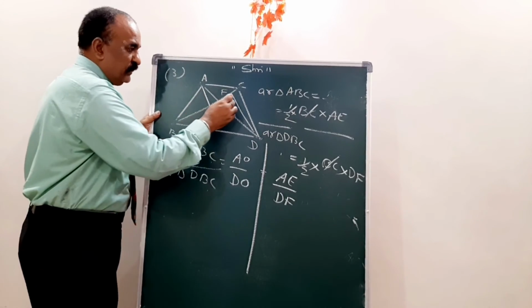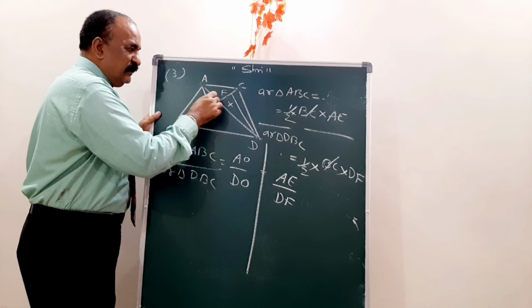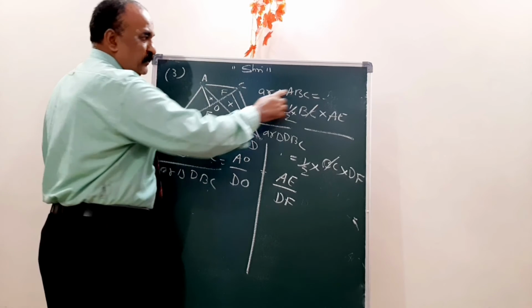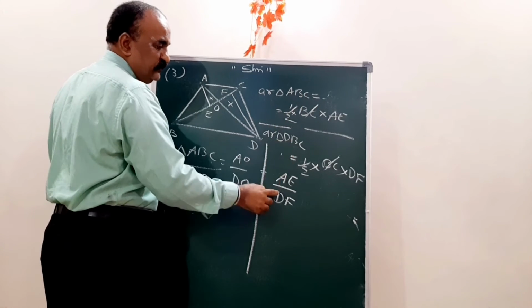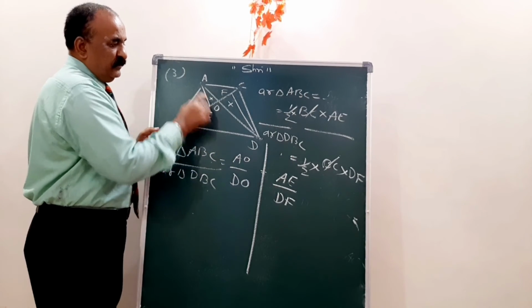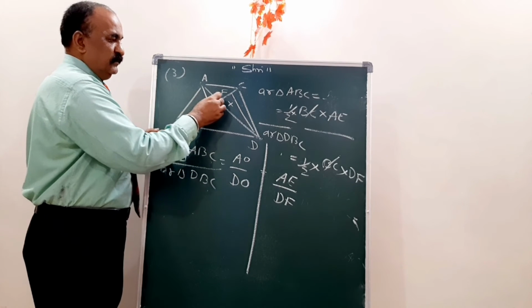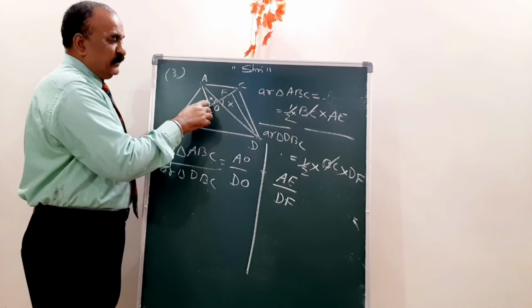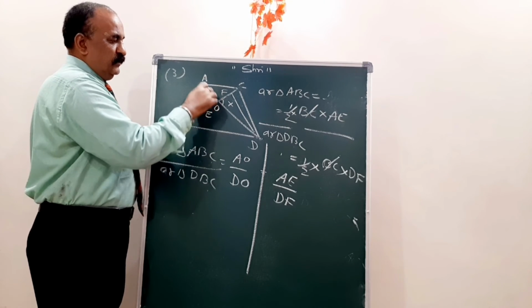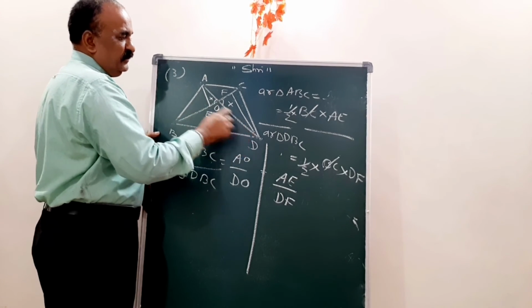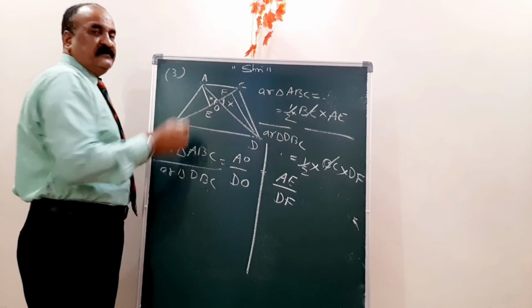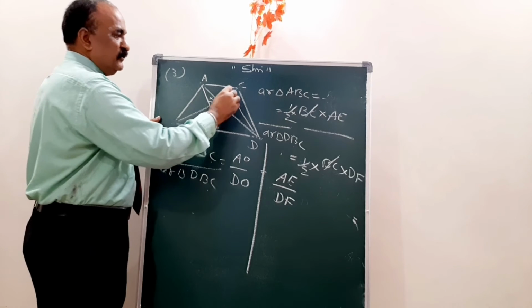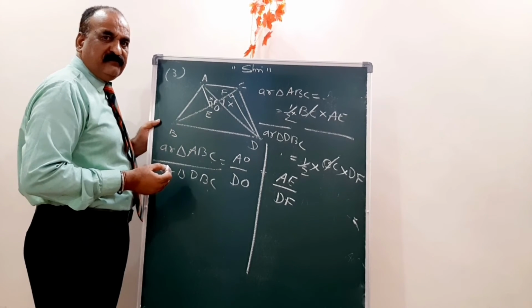Now I am taking these two triangles. This one triangle and this is another triangle. AE upon DF you got. Area of triangle ABC upon area of triangle DBC is equal to AE upon DF. This angle is equal to this angle, vertically opposite angles. I am taking triangles AOE and DOF.